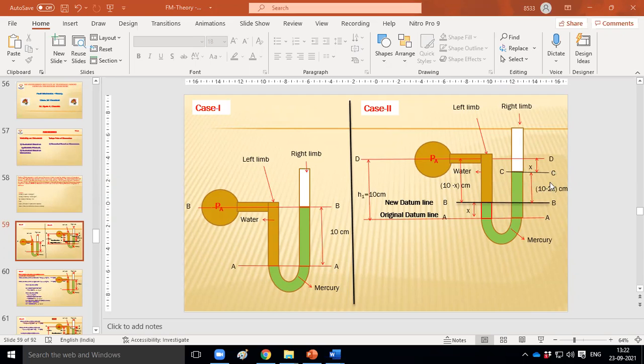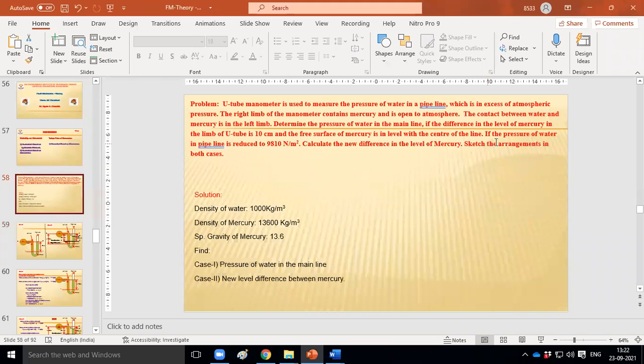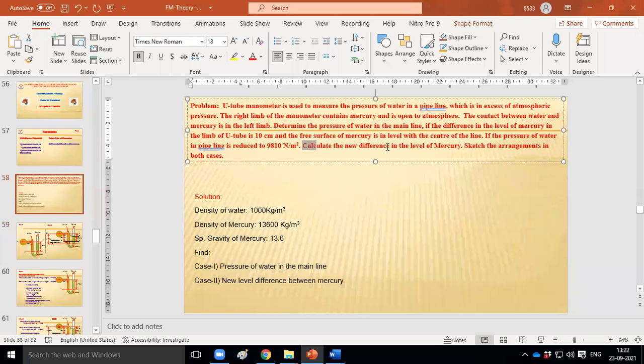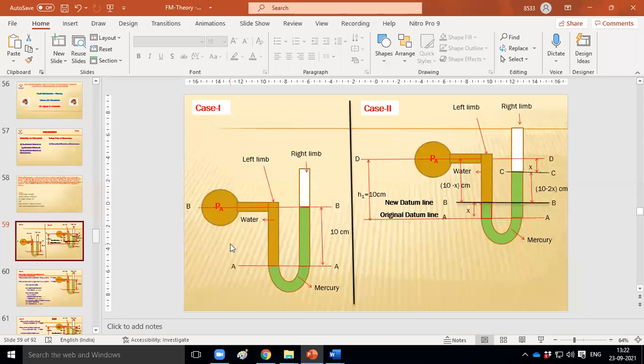And we find out this level difference. See, in this numerical, if the pressure of water in the pipeline is reduced, calculate the new difference in mercury level. And that new difference in mercury level is represented in this figure by which dimension?